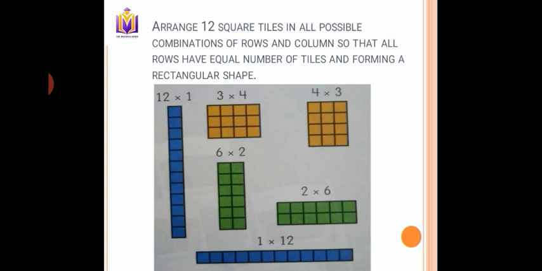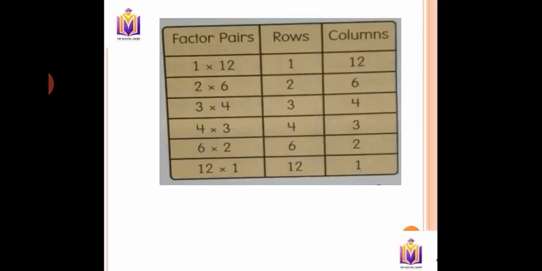Now we can do the opposite of all these 3. Doing the opposite means interchanging the rows and columns, and we get another 3. So there are a total of 6 possible combinations that we can make using 12 square tiles. The numbers in which we have used the multiplication sentence, we call these factor pairs.